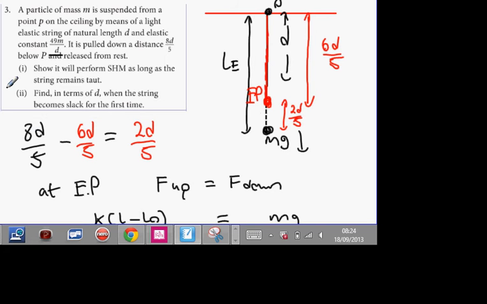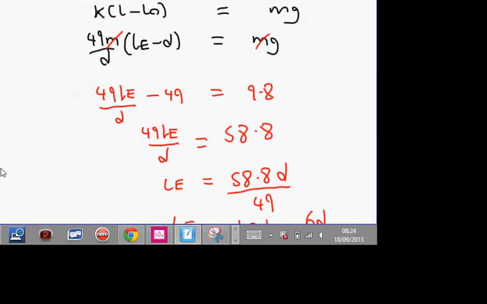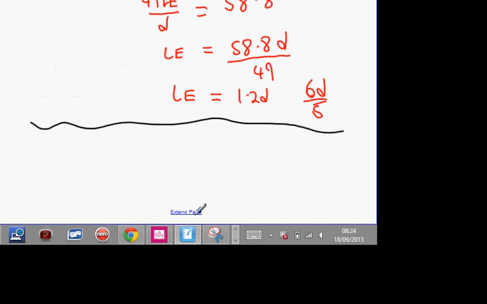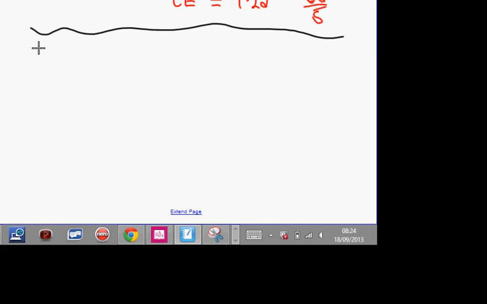Now that that's done, show that it will perform simple harmonic motion as long as the string remains taut. To show that it performs simple harmonic motion, you have to do a general extension from equilibrium, x. So currently my current length is going to be this. You have P there, my string going all the way down, that's its equilibrium point, and then it goes a further extension x.